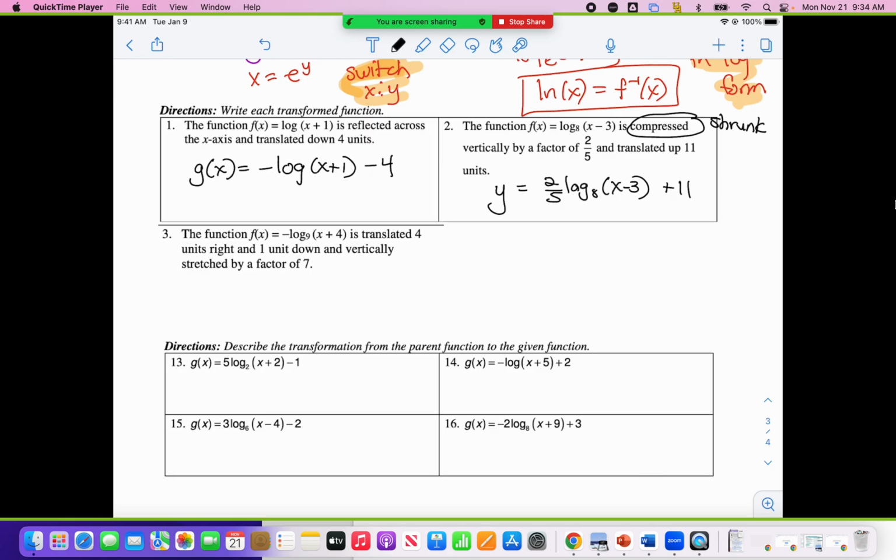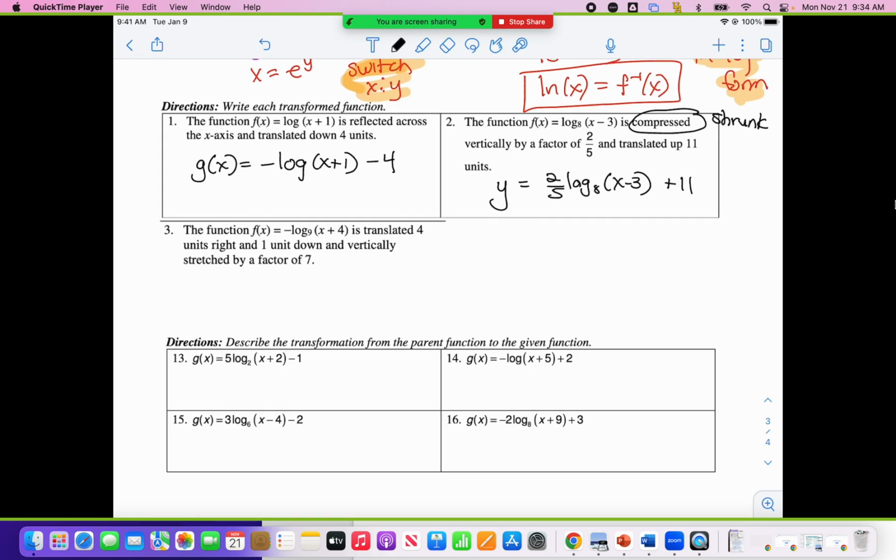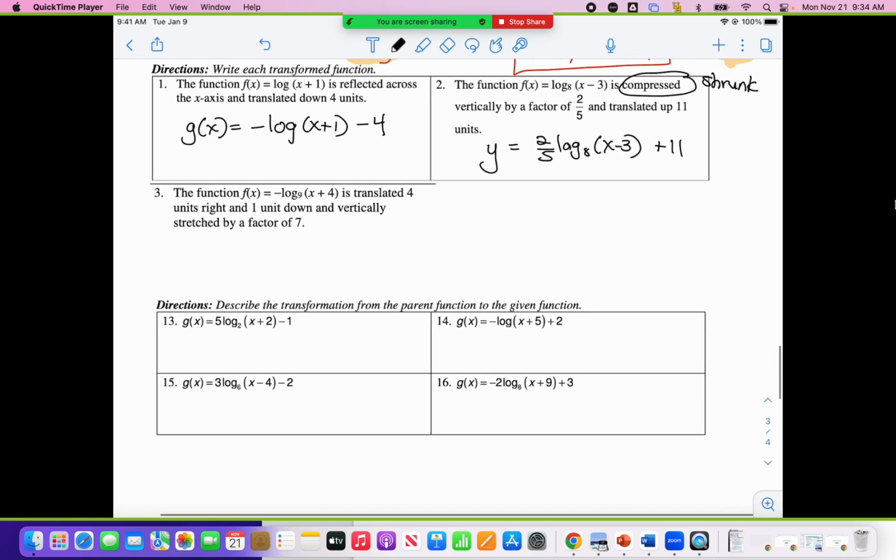The function f of x equals negative log base 9 of (x plus 4) is translated right 4 units and 1 unit down and vertically stretched by a factor of 7. Try this one. Very interesting.